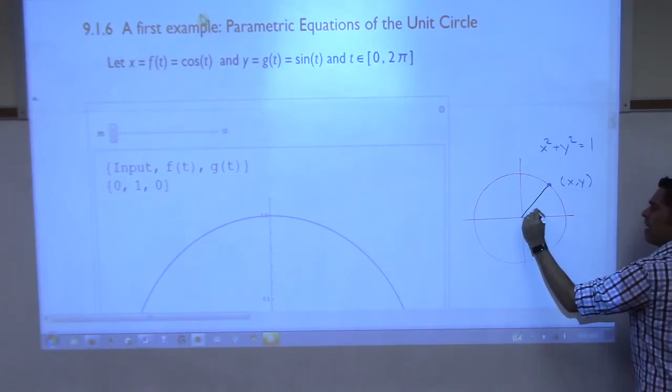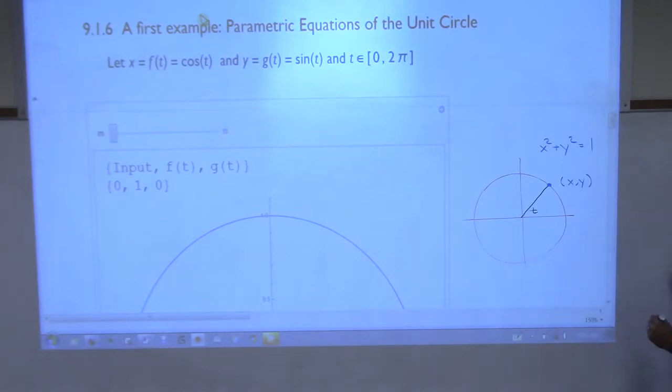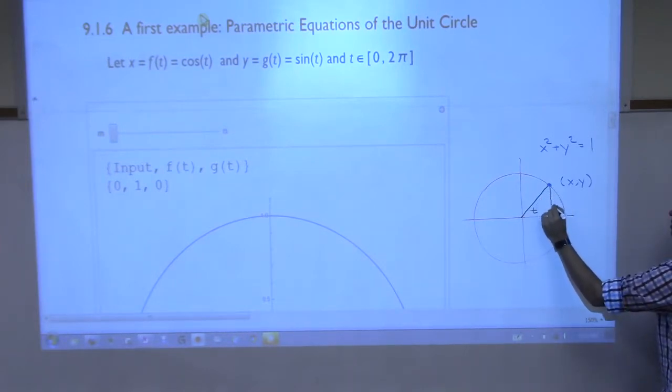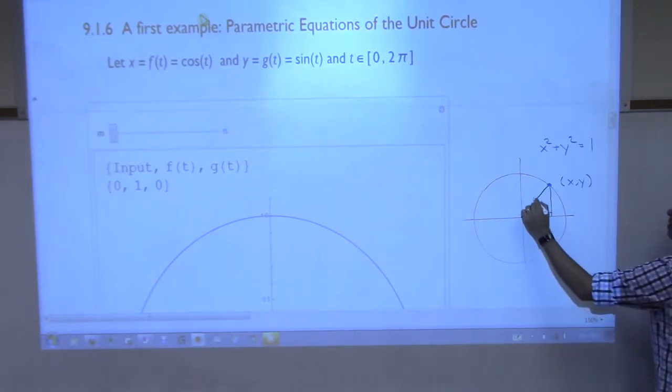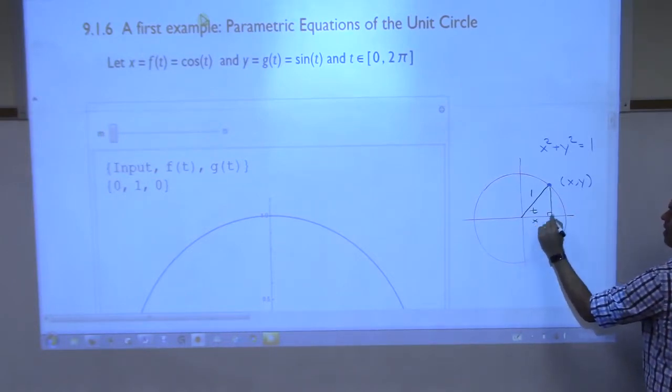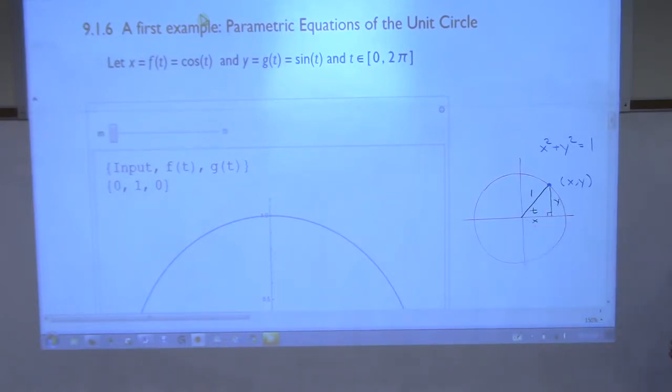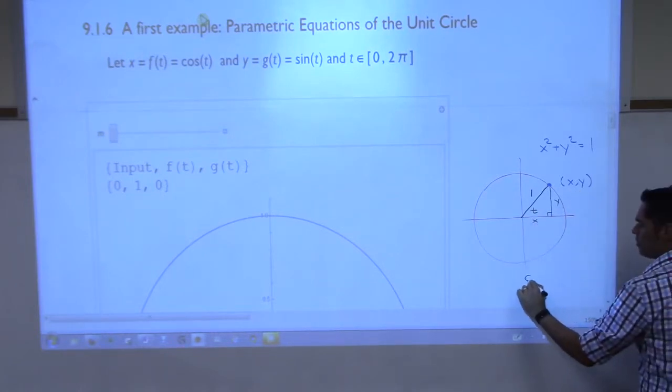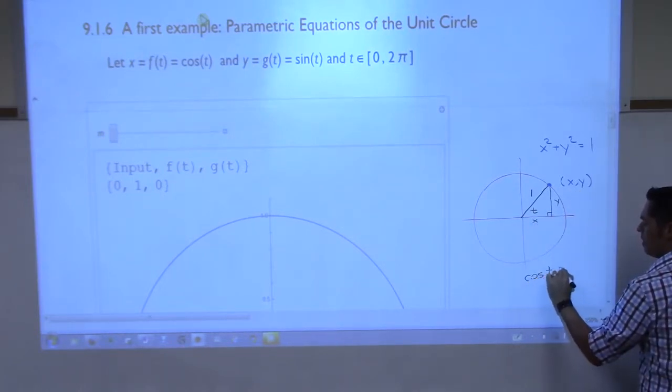Instead, we create this relationship. If I look at this angle as being t and create a right triangle, we know the hypotenuse of this triangle is 1. Therefore, if this side of the triangle is x and this side is y, then cosine of t is what?